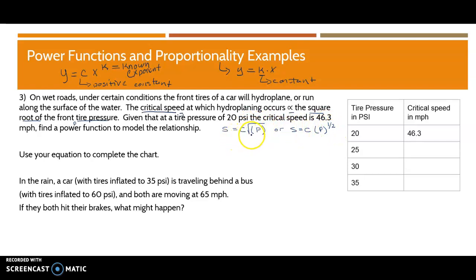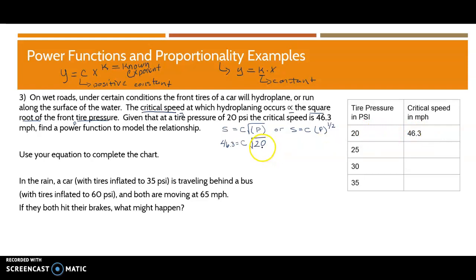Most of us think of square root as the symbol rather than the fractional exponent, so I think I'll use this first one. The next sentence then says, given a tire pressure of 20, so I know that that goes inside here, the critical speed is 46.3 miles per hour. And this is that first number that I have in my chart as well.